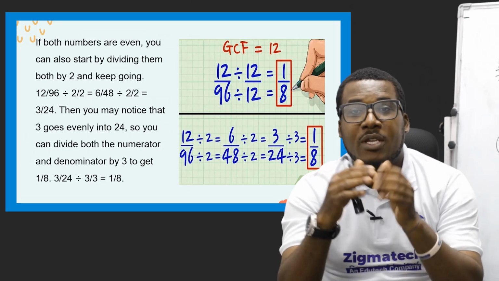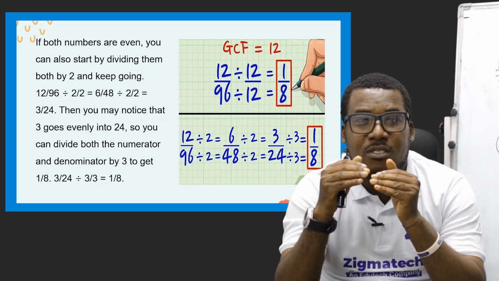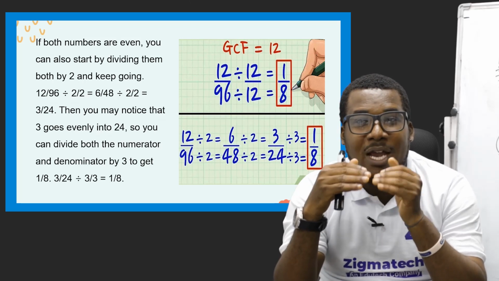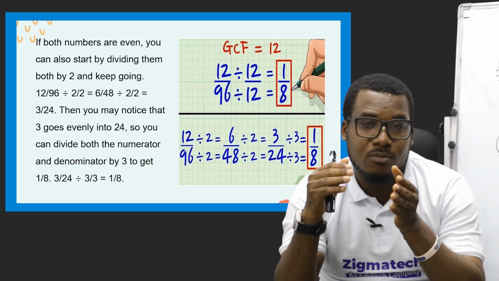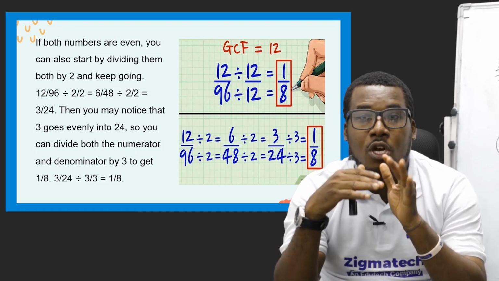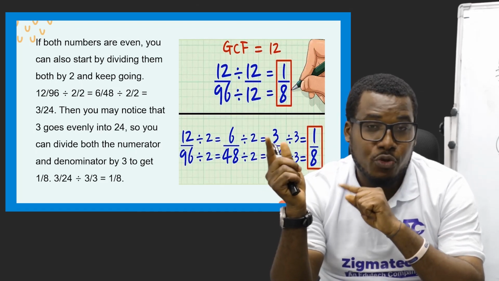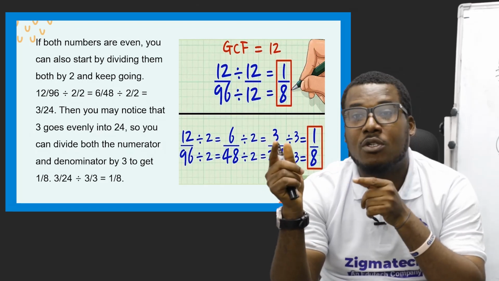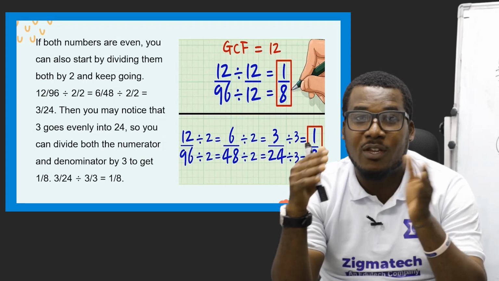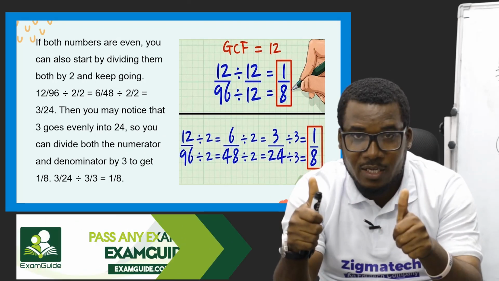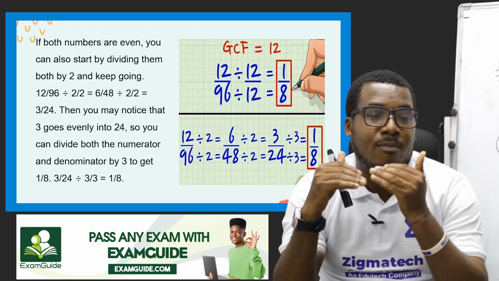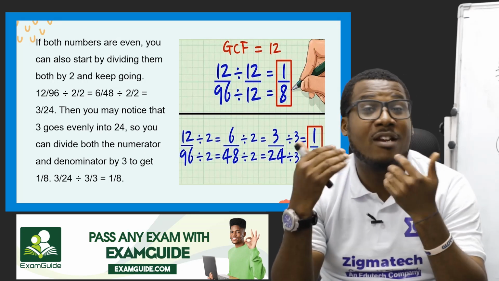Further information for you: if both numbers are even, you can also start by dividing them by 2. Like I said, play it safe. The first method is looking for the GCF, the greatest common factor. But sometimes you might run into issues looking for it.